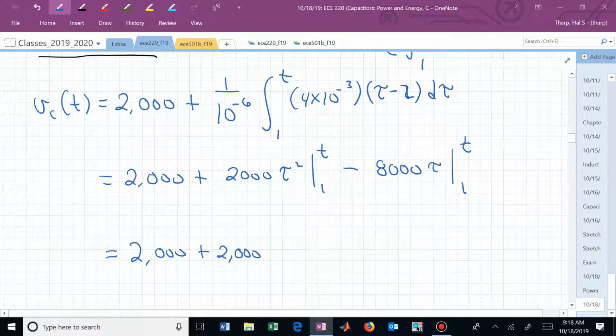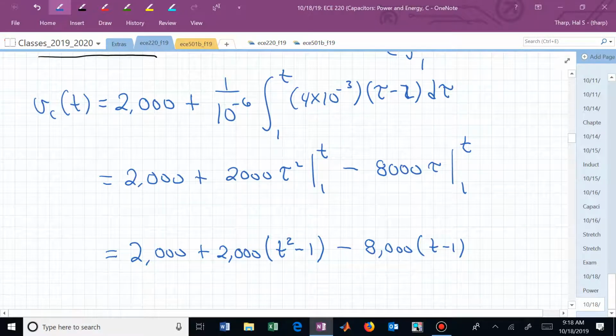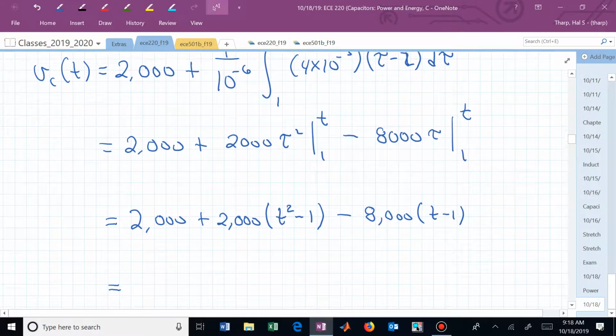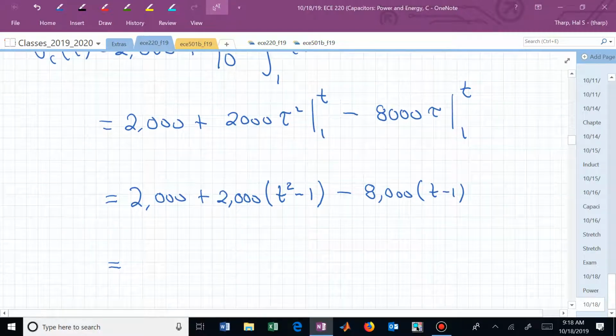Or we now have 2000 plus 2000 t squared minus 1 minus 8,000 t minus 1. Make sure I'm doing my algebra right. I now can combine all of these. I only have one t squared term, and that's the 2000.